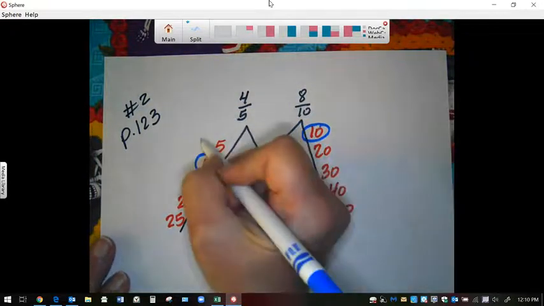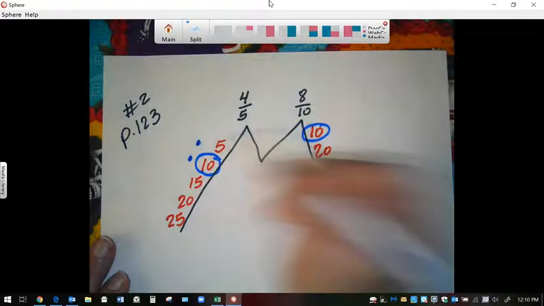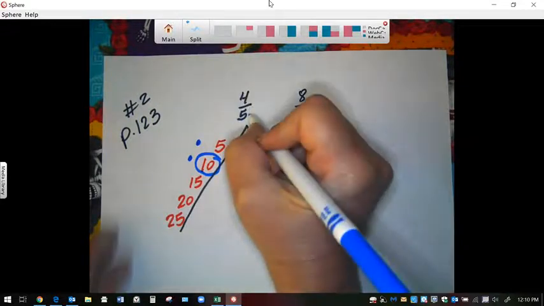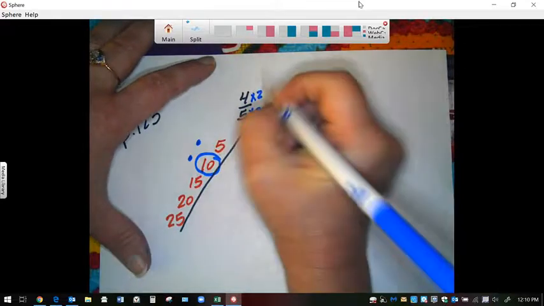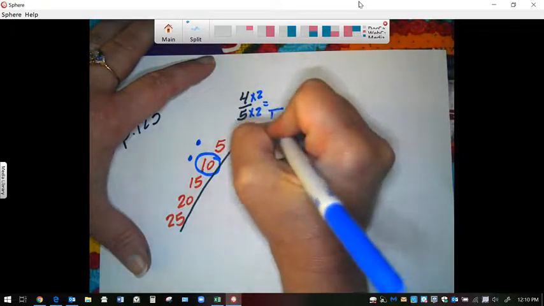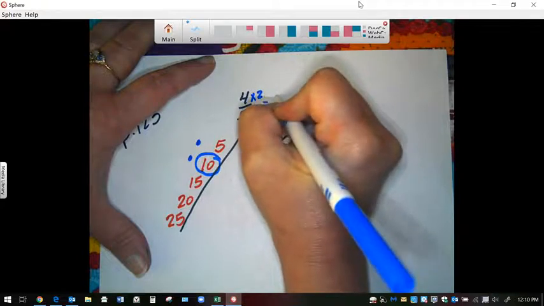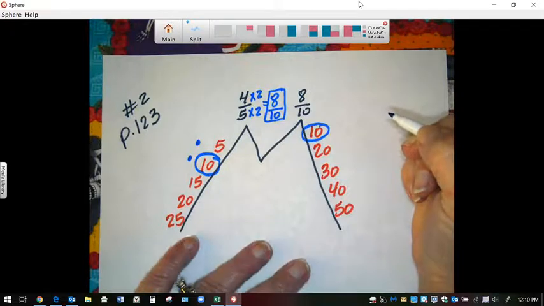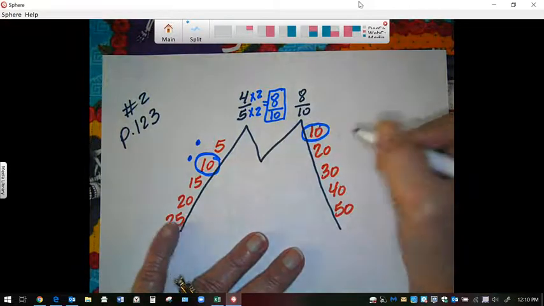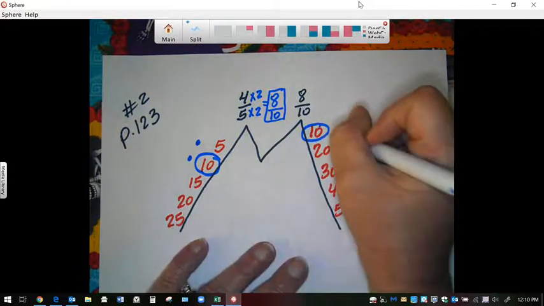So we're going to look how many multiples we used. 2. So we're doing 5 times 2. What you do to the bottom, you do to the top. 5 times 2 is 10. 4 times 2 is 8. That is my first fraction. And then here, 10, we used 1.